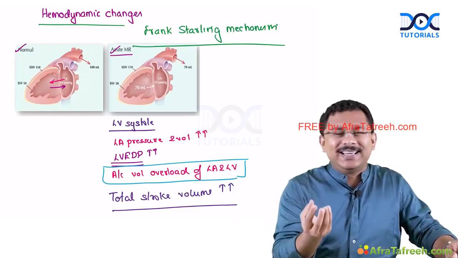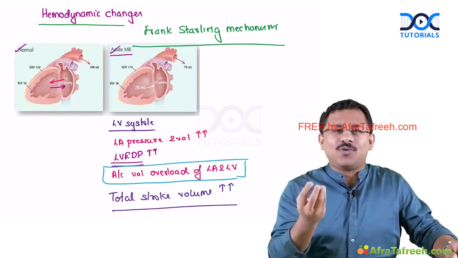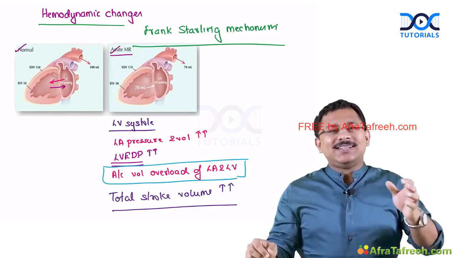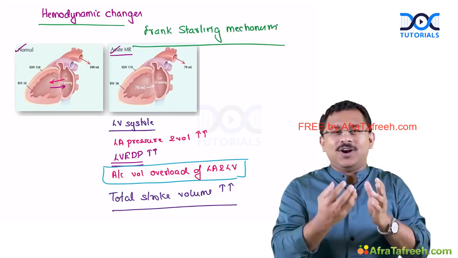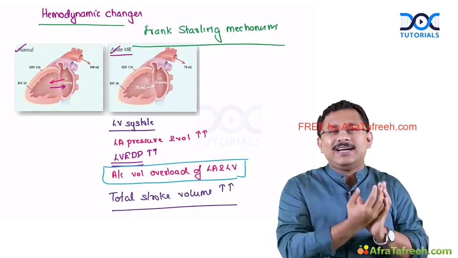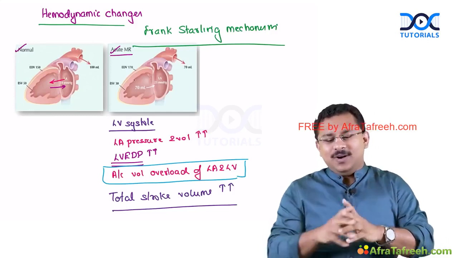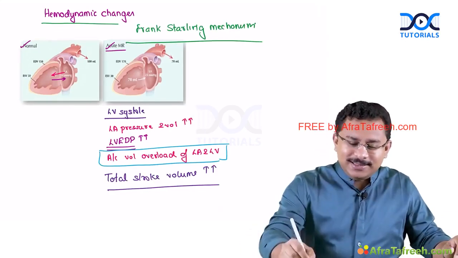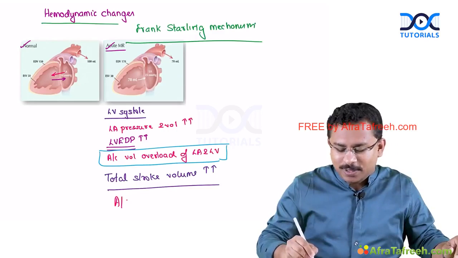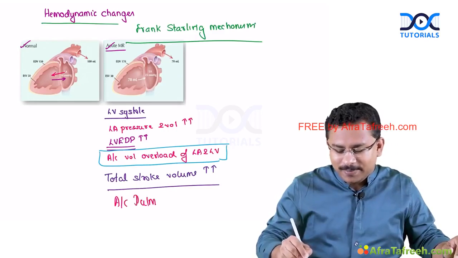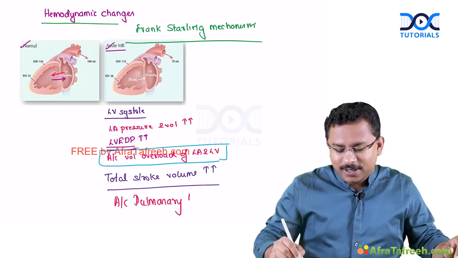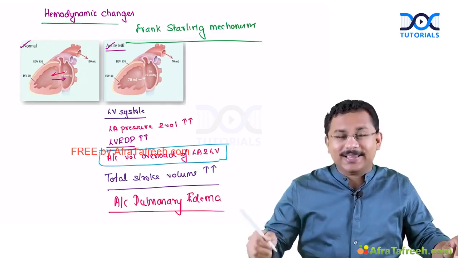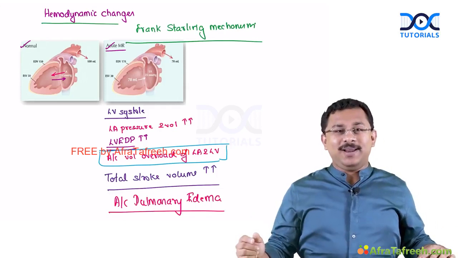And because there is a decrease in the forward stroke volume and there is a significant regurgitant jet of blood, what is the threat in case of an acute MR? The threat is that of an acute pulmonary edema. The patient can develop an acute pulmonary edema.